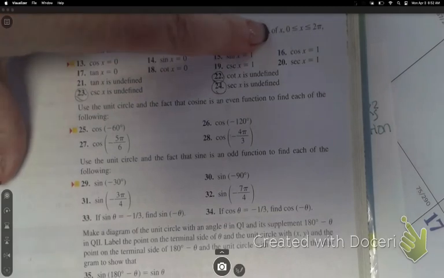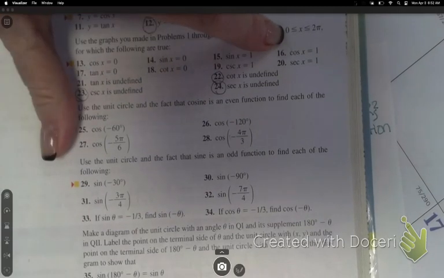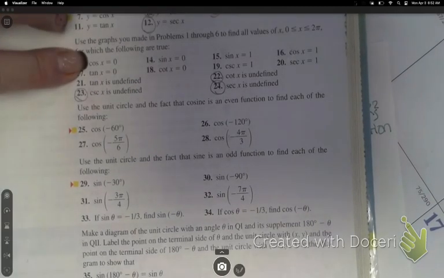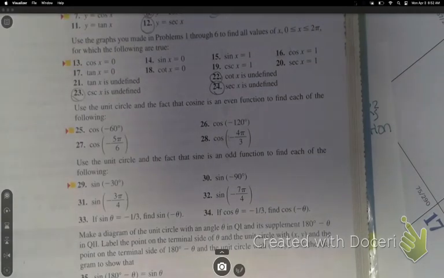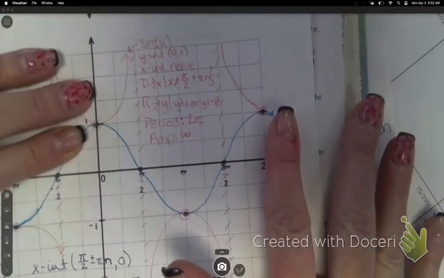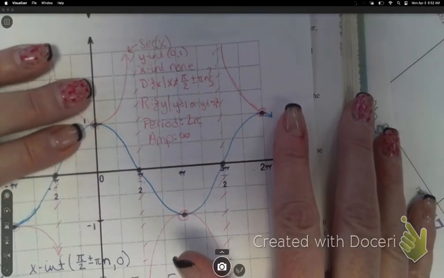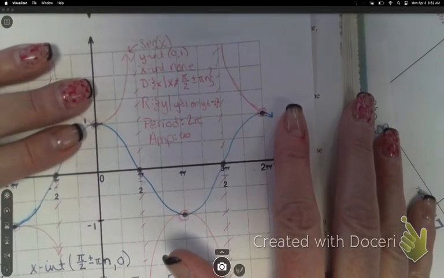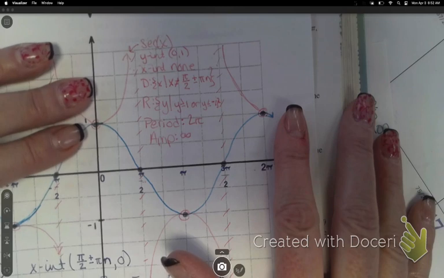Find all the values between 0 and 2 pi where cosine is 0. So you're going to take your graph, and between 0 and 2 pi, where is cosine 0 at? No. Cosine. You're on sine. Mm-hmm.